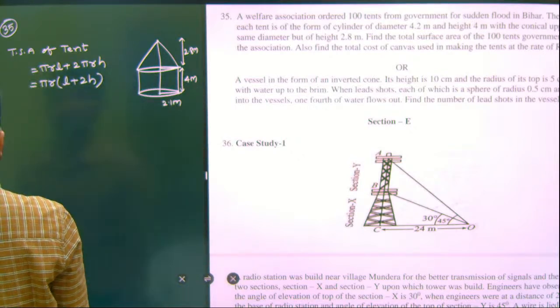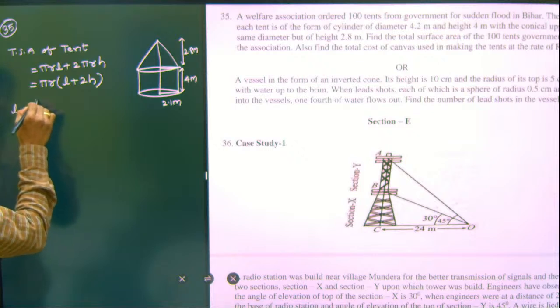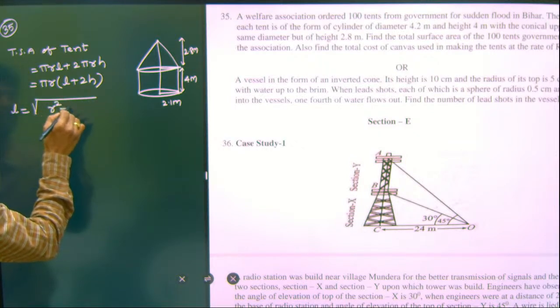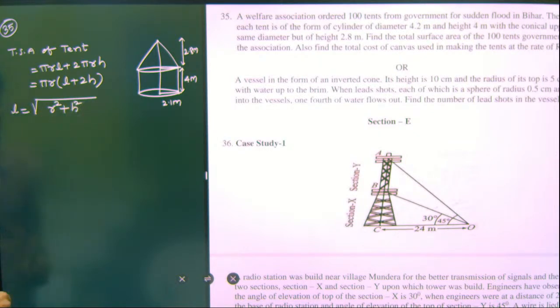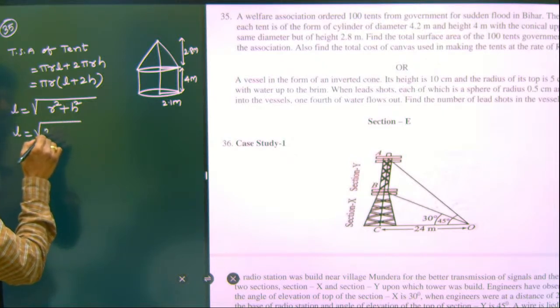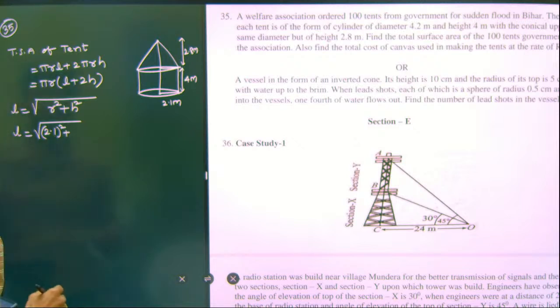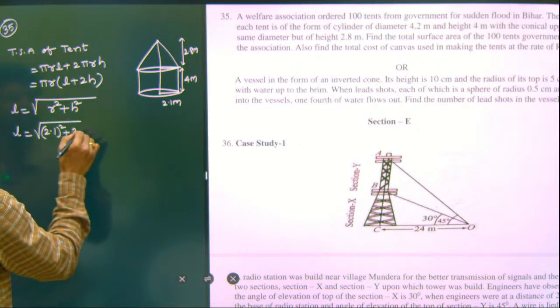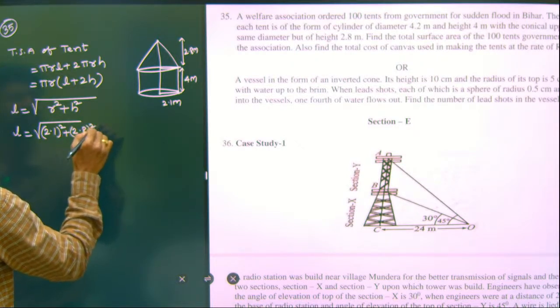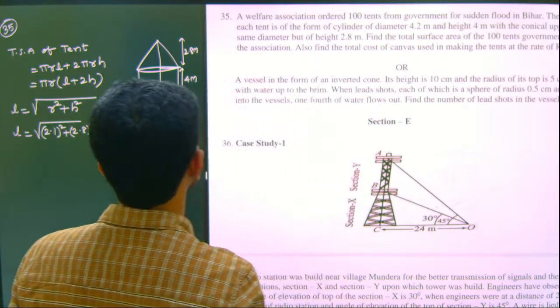First we have to find the slant height. How can we find the slant height? L is equal to root of r square plus h square. L is equal to root of r, which is 2.1, whole square, plus the conical height, 2.8, whole square.